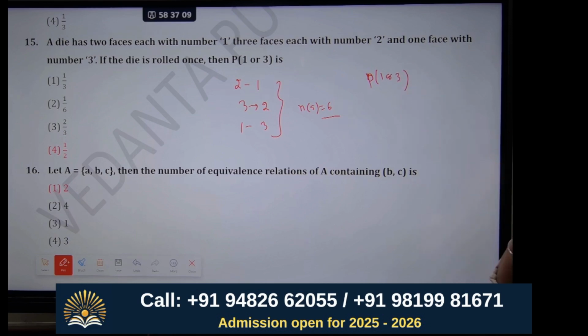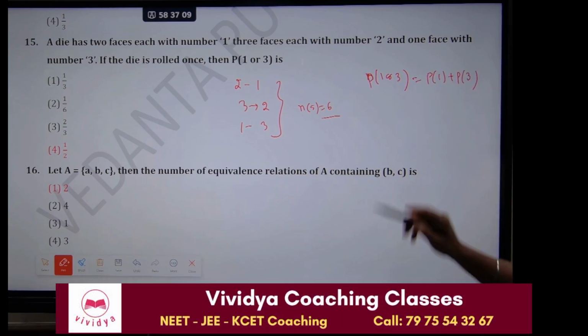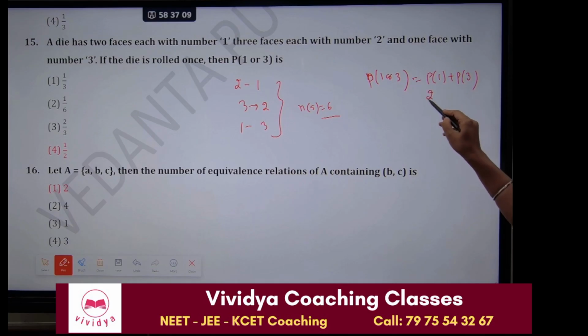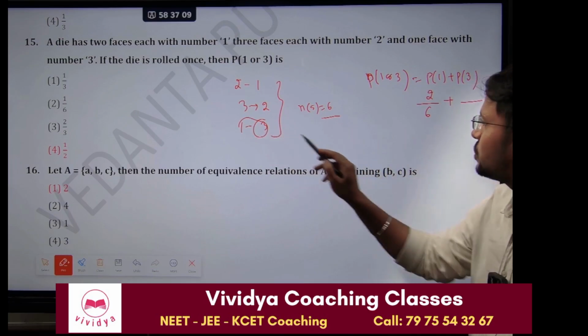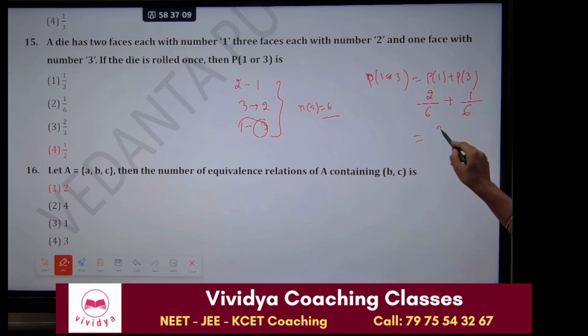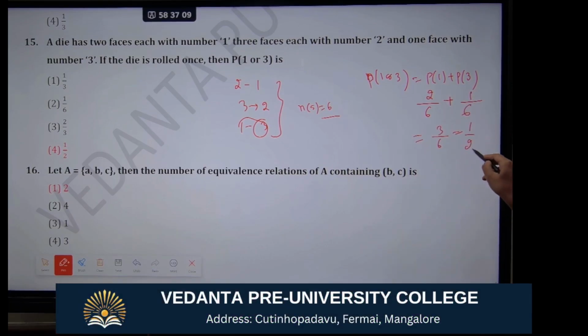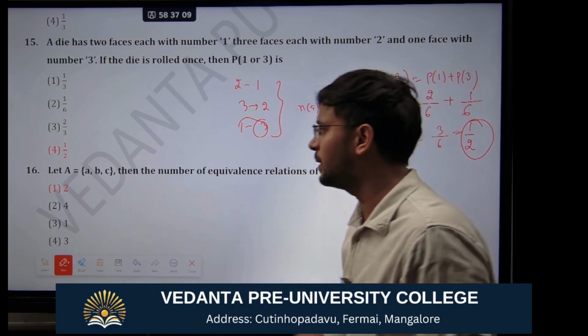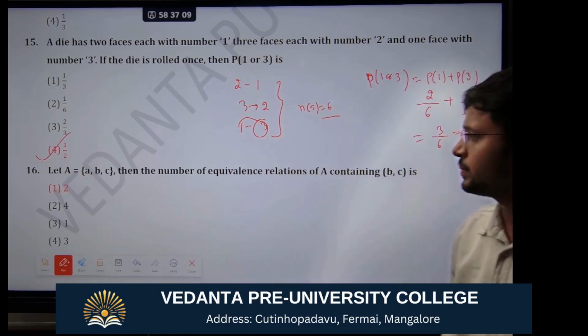And we know that occurrence of 1 and 3 are mutually exclusive. So this is going to be probability of 1 plus probability of 3. Now what is the probability of 1 to occur? 2 times divided by 6, and for 3, 3 is 1 time, so 1 by 6. So if I solve, 3 by 6, which is 1 by 2. So answer will be 1 by 2.